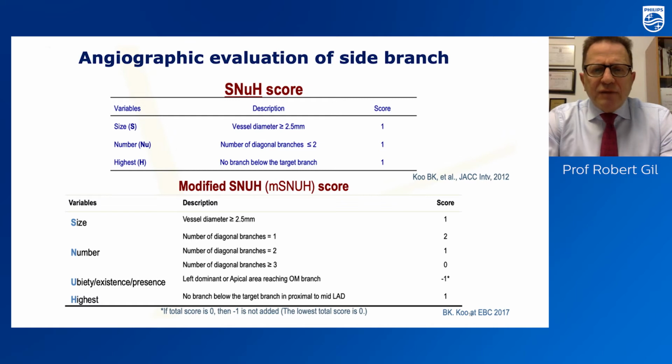This is the size of the vessel diameter, I mean the side branch, of course; the number of side branches; and the highest, so it means yes or no, an additional side branch below the one which is assessed. Here below you have a much more complex proposal, the modified SNOOC, but I must honestly say that the first one is very convenient and very easy to use.